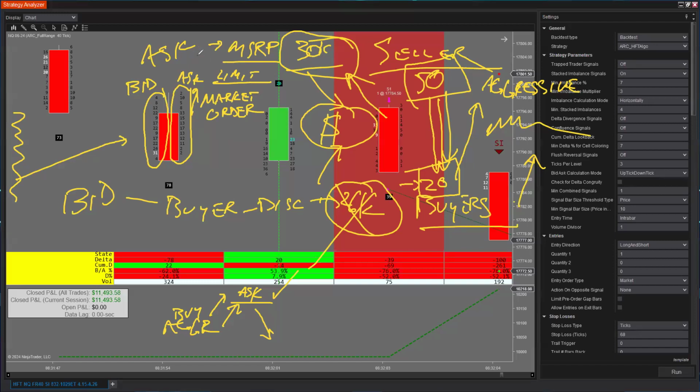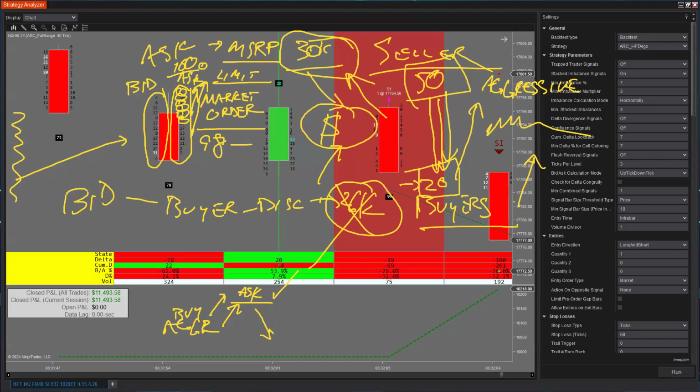Your asking price is 100 and the bids are at 98, but you say, I don't want to wait for sellers to come down to 98. I feel like I'm going to miss out. So I'm going to go pay the 100 even, and I'm going to place a market order at 100. Well, what's plotting here is the ask, but this could be considered aggression. And that's what we're going to look at, how the markets move based on that aggression.